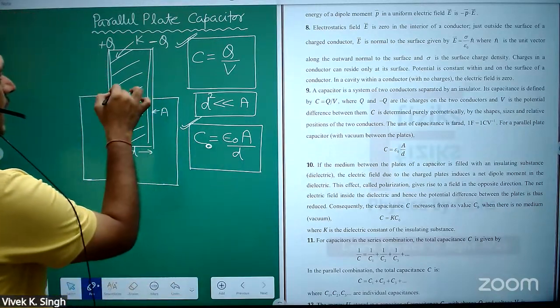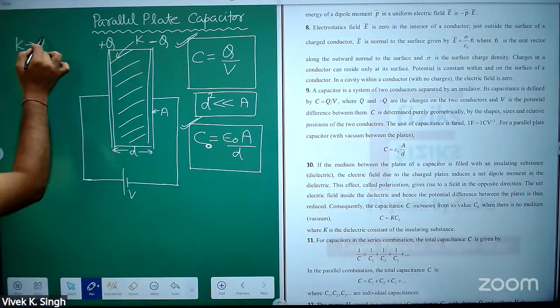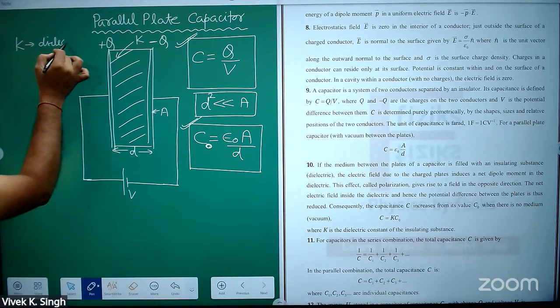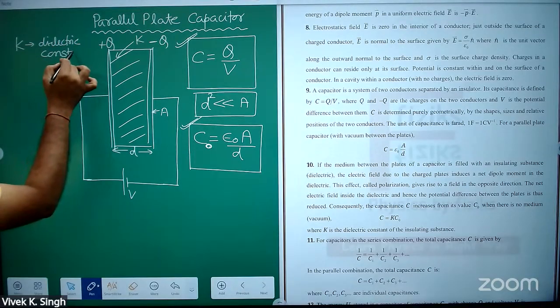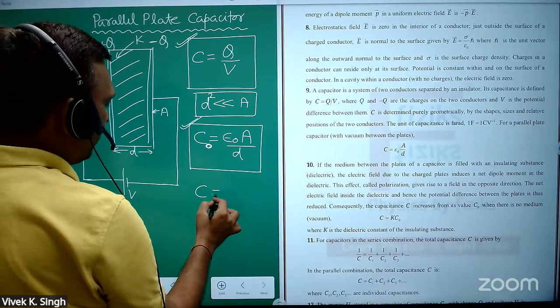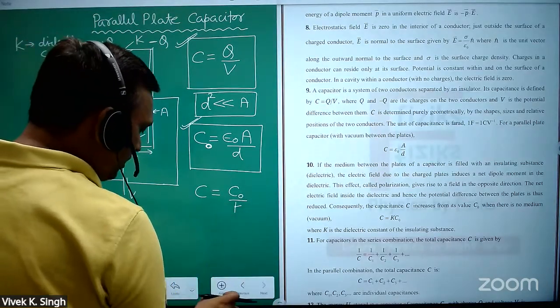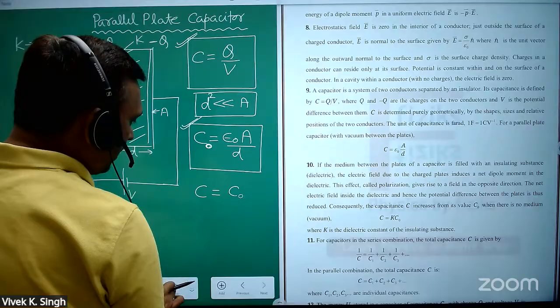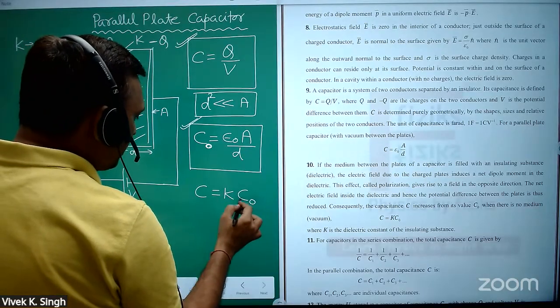But when it is filled with a dielectric having dielectric constant K, then capacitance C will be K times C naught, which means capacitance will increase.